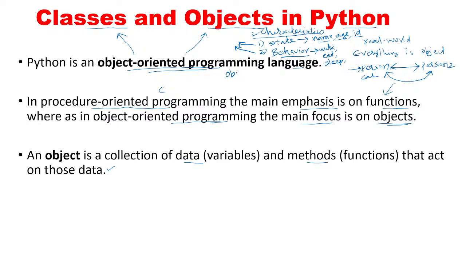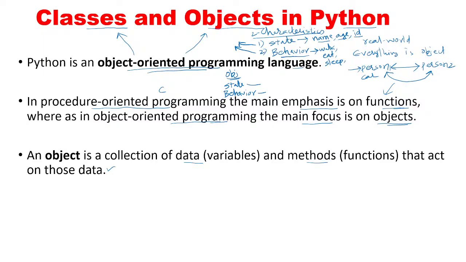Because the real world object's state and behavior need to be implemented in the programming object also. In OOP, if we want to create an object, whether it is a real world object or a programming object, it should have these two characteristics, state and behavior.